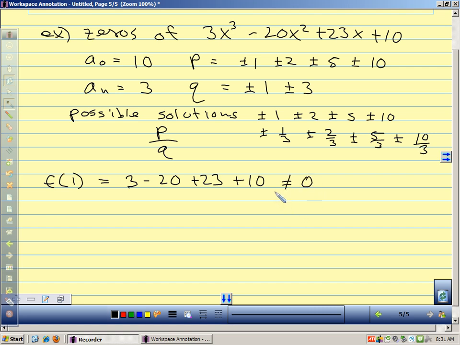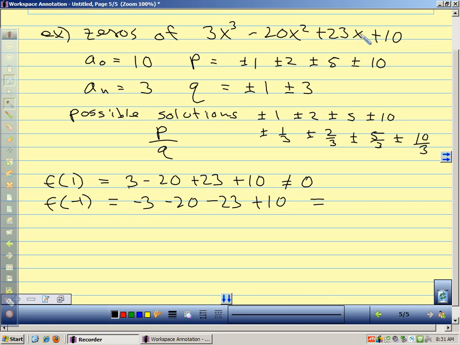So 1 is not a 0, so we can eliminate 1. Let's try negative 1. We plug in negative 1 for x. I get a negative 3 minus 20 minus 23 plus 10.